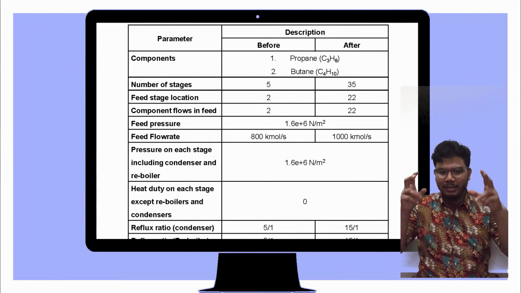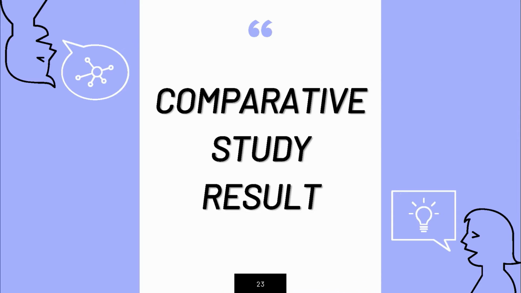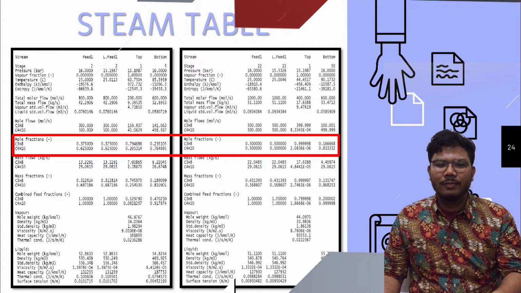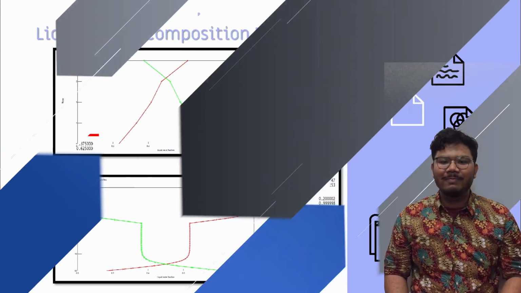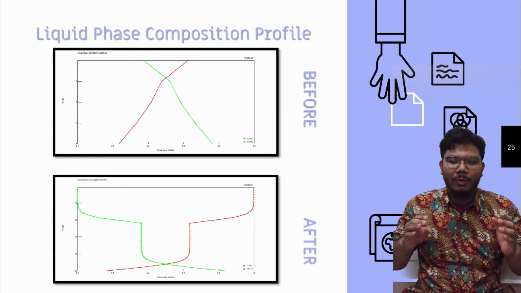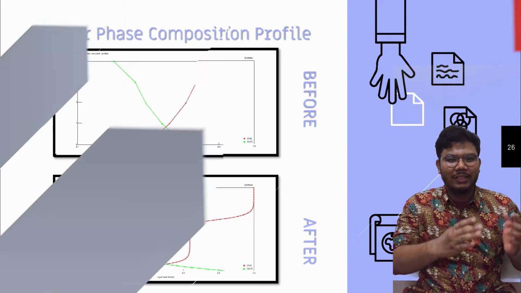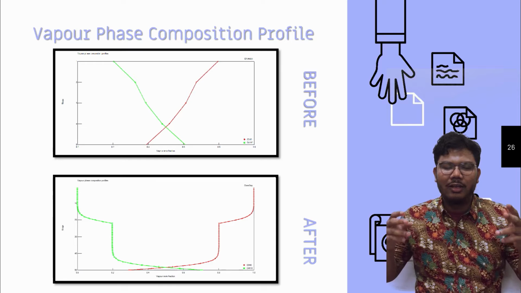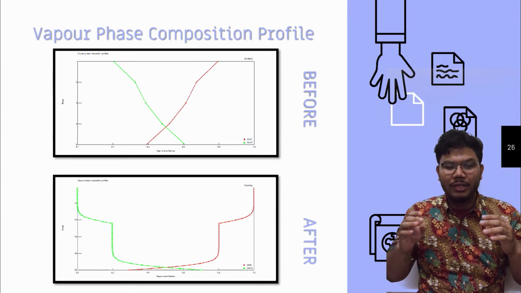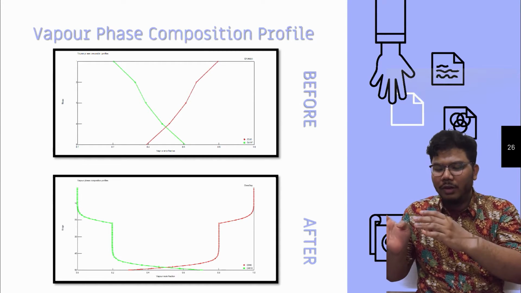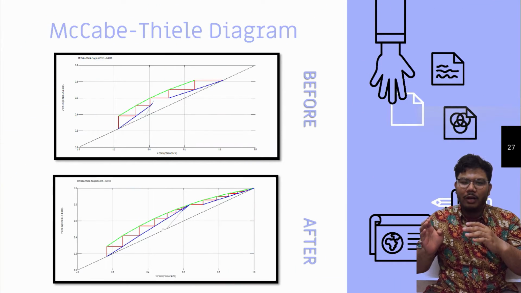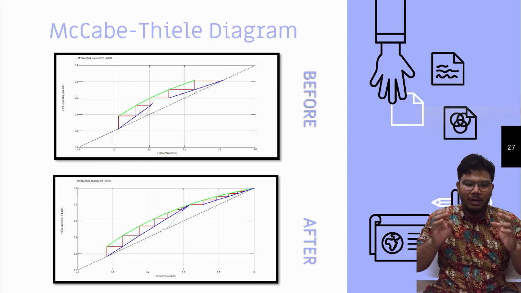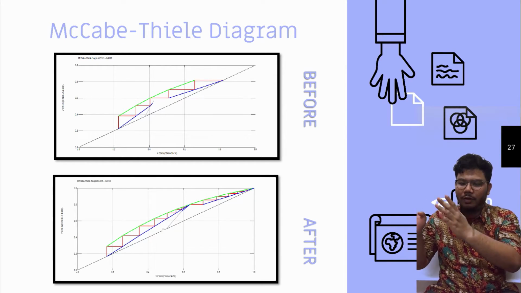This is the steam table composition profile before and after. Then this is the vapor phase composition profile before and after graph. And the McCabe-Thiele diagram, this is the graph before and after.